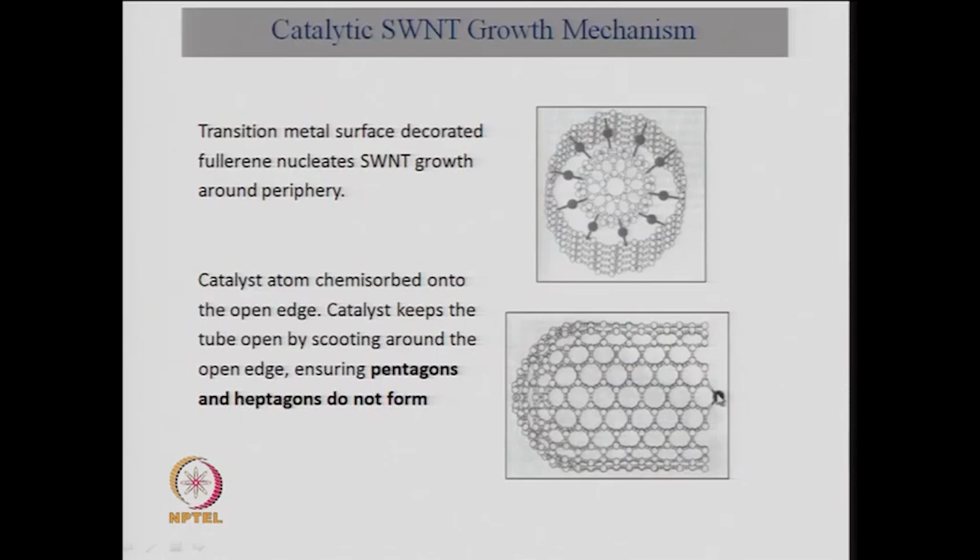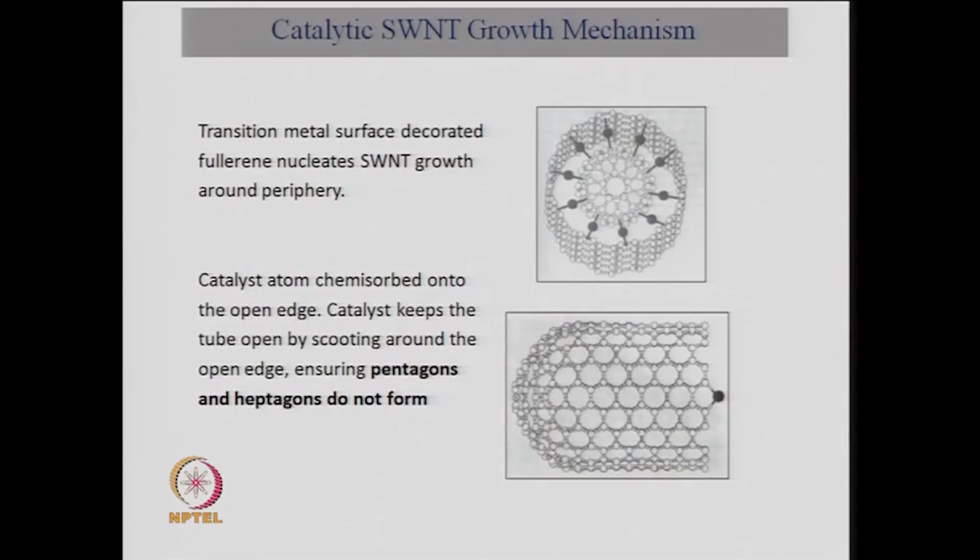So, the catalyst's key role is not to allow a pentagon to close by forming a bond there temporarily and then moving to another place till a carbon comes and forms a hexagonal ring. So, the catalyst avoids making pentagons and heptagons, and by avoiding formation of pentagon and heptagon, it avoids closure of the tube.